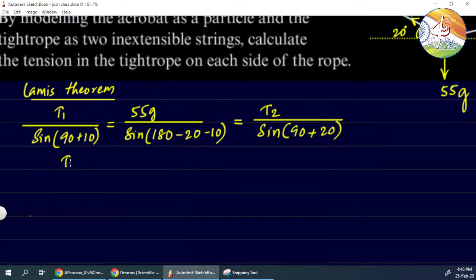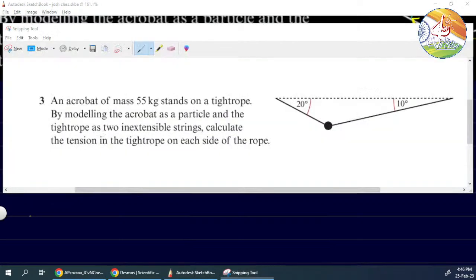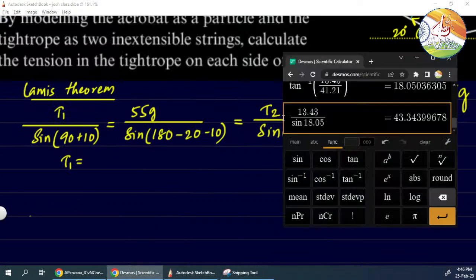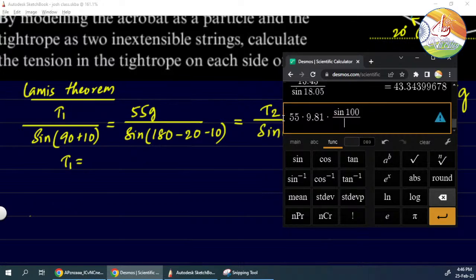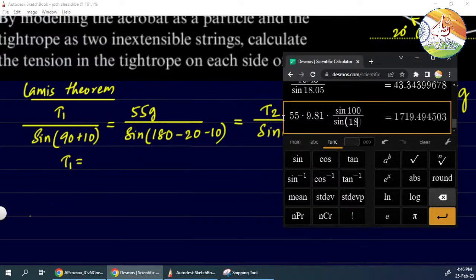First take these two. You will get T1. T1 equals, cross multiplied, 55 into g, g is 9.81, into sine of 90 plus 10. 90 plus 10 is 100, no? Divided by sine of the total angle, 180 minus 20 minus 10, that is 180 minus 30.